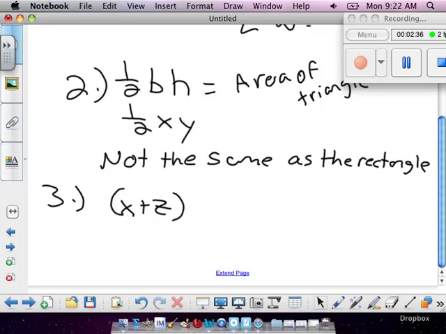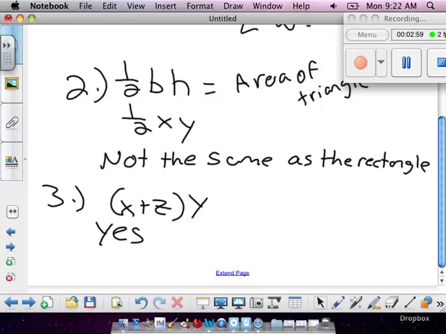And what's the height? Y. It's not the slanted part, right? Yeah, you got to be careful of that with a parallelogram. All right? Is this the same area as the rectangle? Yes. Same area. We just simply took one triangle and moved it to the other side of the rectangle, right?